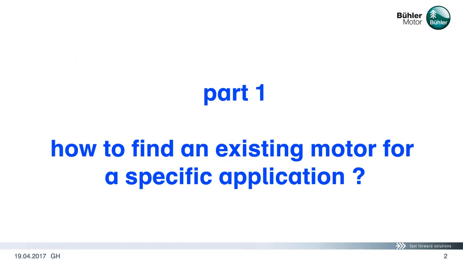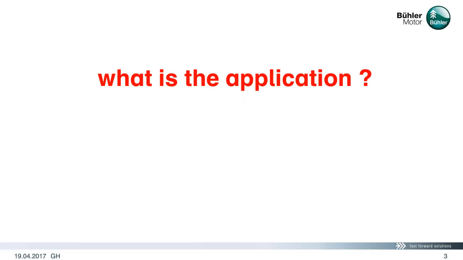In this first training session, I will show you how to find an existing motor that will meet the requirements of a specific application. The first and essential question to be clarified is what the application is. The more familiar you are with the application, the easier it is to qualify the motor. After the basic knowledge of the application, the main parameters must be known.